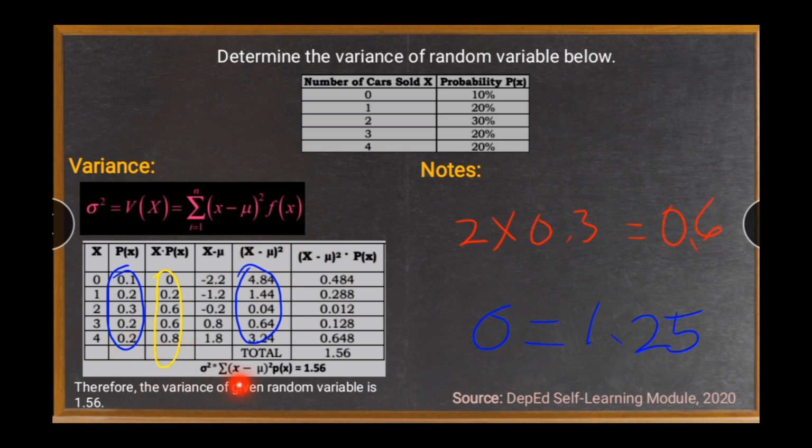You can state that therefore the variance of the given random variable is 1.56, or if standard deviation is asked, the standard deviation is 1.25.